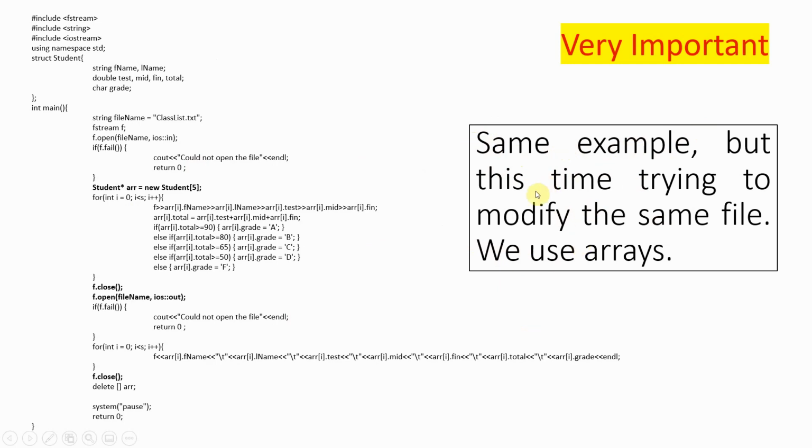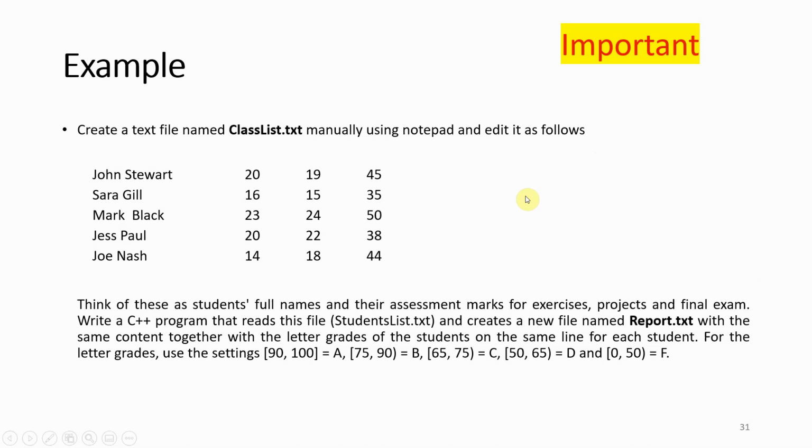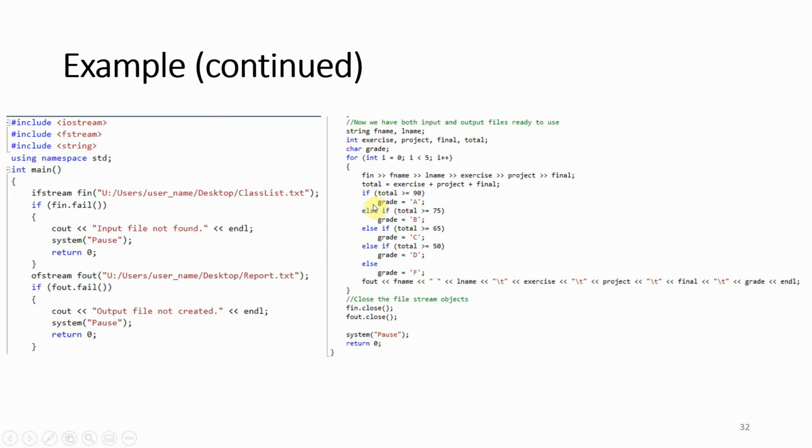So in this case, we cannot read from this file and write something onto it, because you remember that when you want to write, it's going to overwrite, so everything is going to be gone. And if you want to append, it's going to add something at the end of the file, not here. So we cannot use append either. We cannot read and write from this file at the same time.